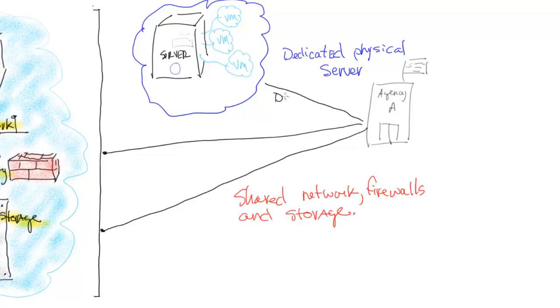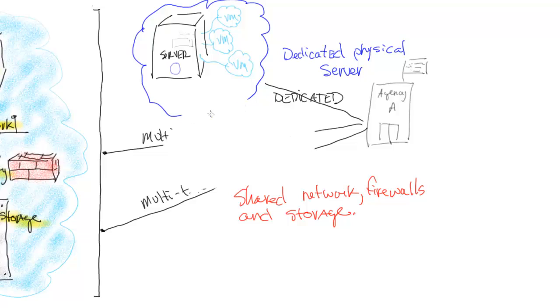So you have a dedicated server, and we're all good with that, but everything else outside of the server is multi-tenant. So you have to begin to ask yourself, I have a dedicated server, I have shared network, shared firewall, shared storage, shared everything else. Am I a dedicated cloud or not?